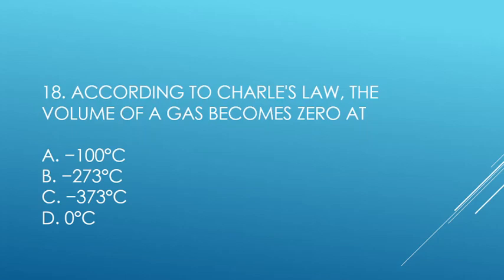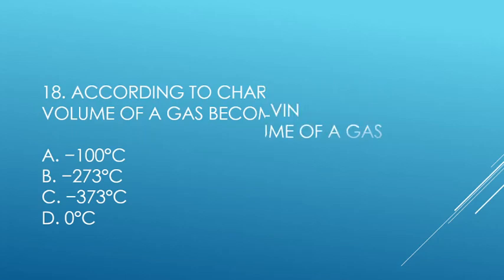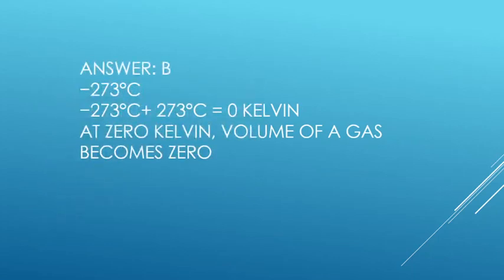The answer is B, which is minus 273 degrees centigrade, because you have to do the conversion to Kelvin. Then you do the conversion, that's plus 273, which is equal to 0 Kelvin. At 0 Kelvin, volume of a gas becomes 0.